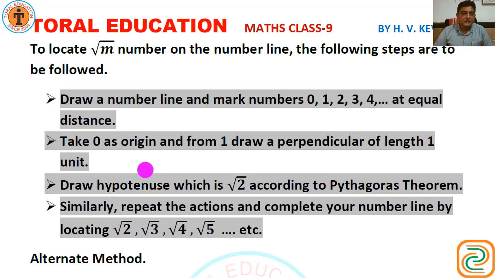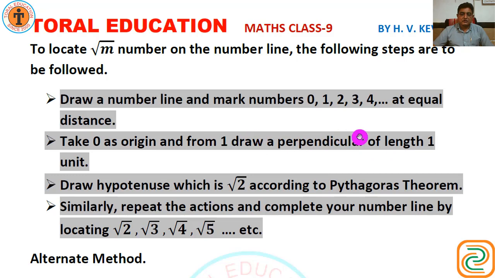Now friends, to locate root m on the number line, the following steps are to be followed. Draw a number line and mark numbers 0, 1, 2, 3, 4 at equal distance. Take 0 as origin and from 1 draw a perpendicular of length 1 unit.